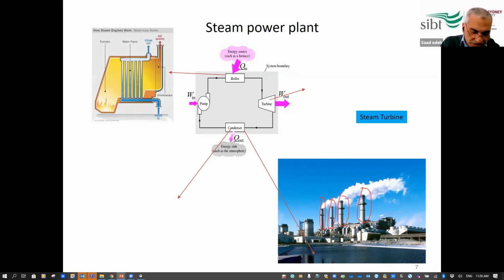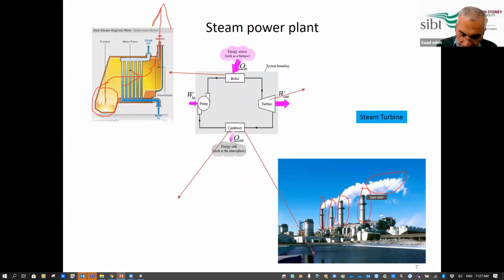As you can see, we burn the fuel here, and then the hot gases come through a loop of tubes containing water inside to generate steam, and then the remaining gases are released to the air, as you can see here in the plant.